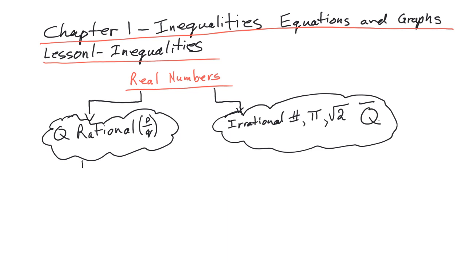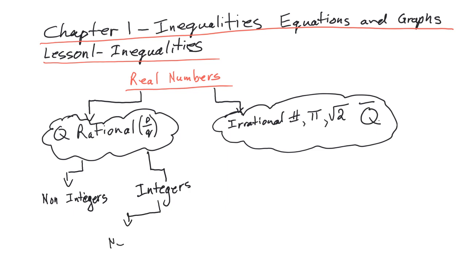From here, rationals break into two parts. Ones that are called non-integers and integers. And integers, you've seen them all. And from here, our integers break into two other parts called negative numbers.